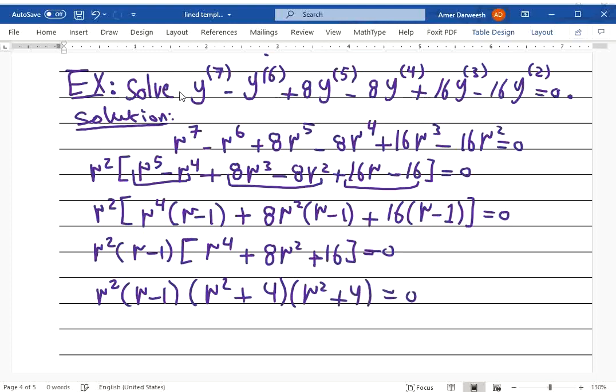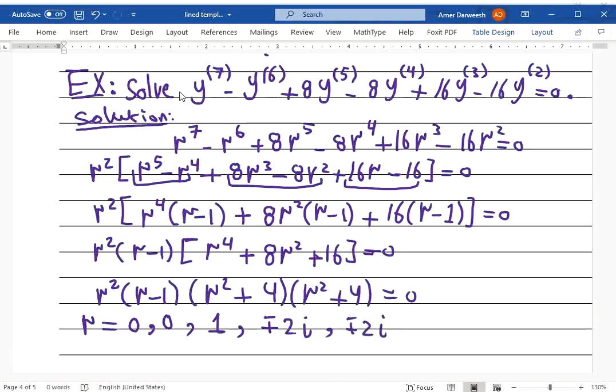So here we have a repeated real root, one distinct root, and repeated complex roots. So the roots are r equals 0, 0, and 1 for this term. And also here I have complex roots, plus minus 2i, as we have seen before. And here is also a repeated pair of complex roots.